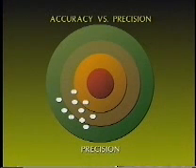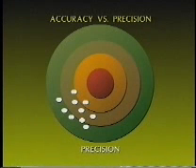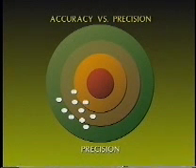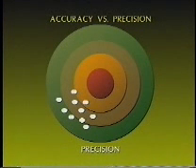Your shots are very close together, but they miss the bullseye. Your shots are very precise, in other words, close together, but not very accurate. They miss the bullseye. Your gun has some type of aiming problem. This problem can be fixed, so it can be considered a systematic error.